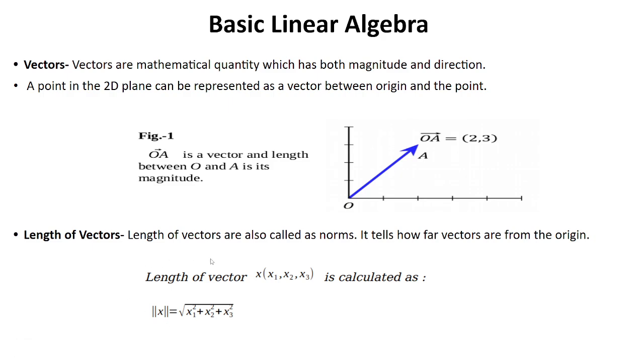The length of a vector is also called its norm. It tells how far the vector is from the origin. For multiple inputs like x1, x2 and so on, here we have used three inputs x1, x2, x3, and the length is calculated as the square root of x1 square plus x2 square plus x3 square.